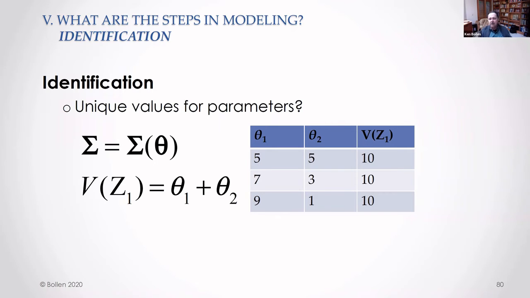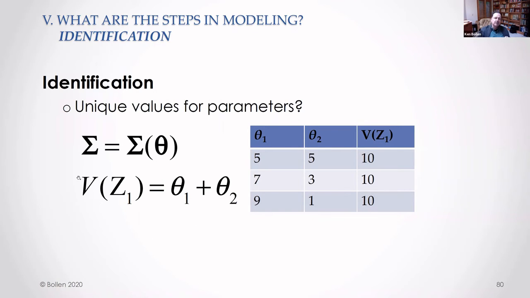To give you a feel for this, let's suppose that our implied covariance matrix was extremely simple. We had just Z1, one variable. So we had the variance of Z1, and we're told that equals theta1 plus theta2.